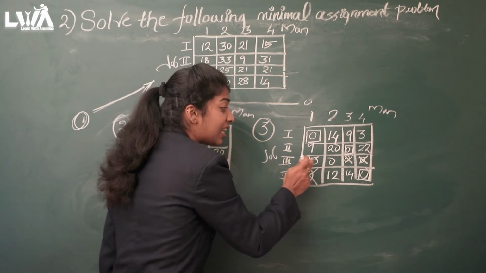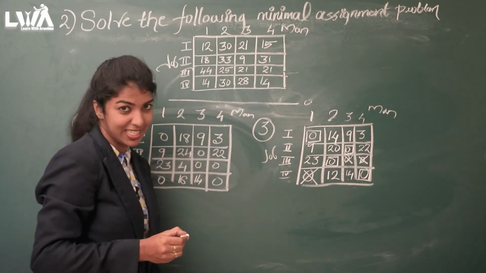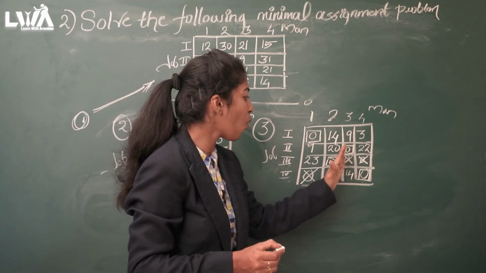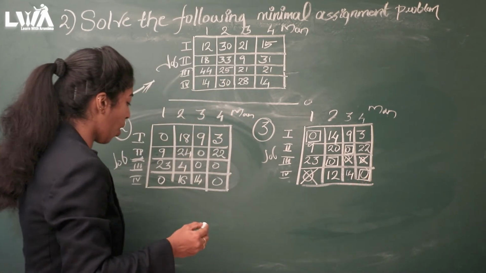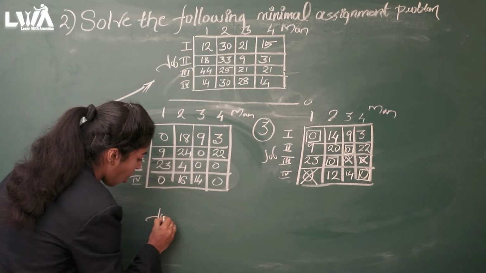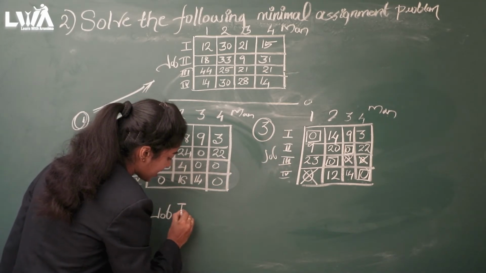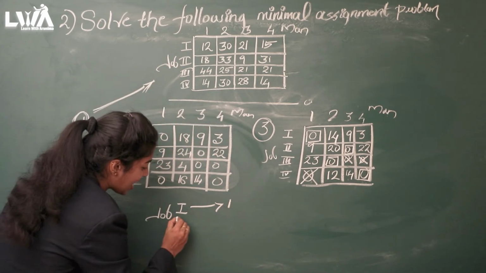That is, in the third row, we can select this 0. Now it is okay. We got 4 zeros here. Okay, now we can assign the jobs. So, first job is assigned to worker 1.